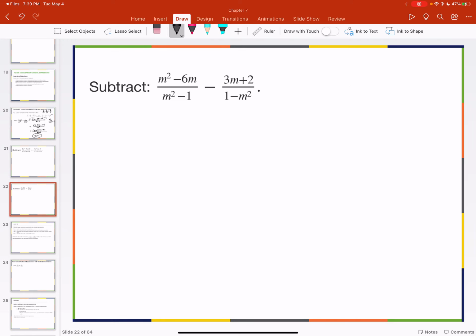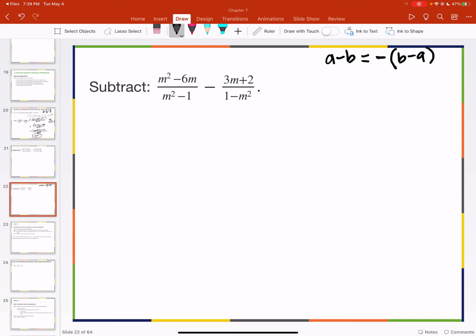Let's go ahead and do another one. This is the case where you have denominators that are opposites. One thing to remember is that if you have a difference, it's the same as the opposite of it written in a different order.